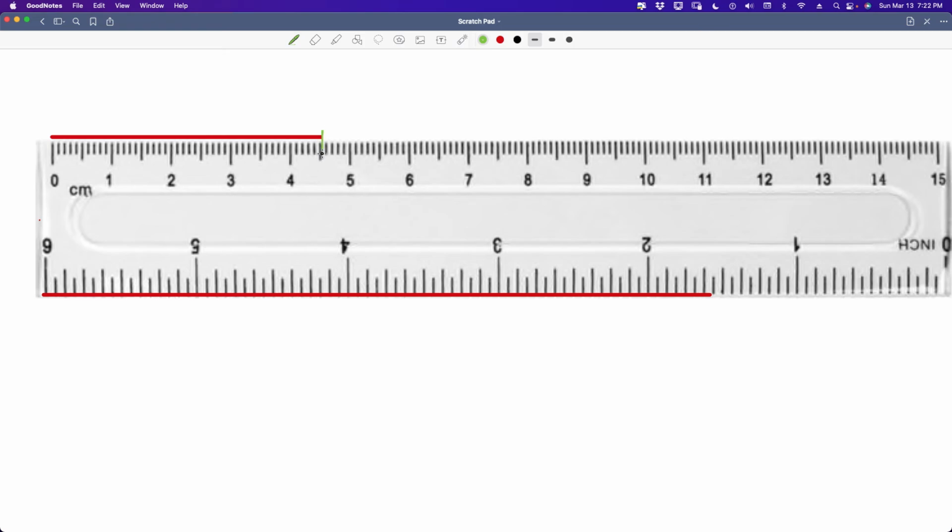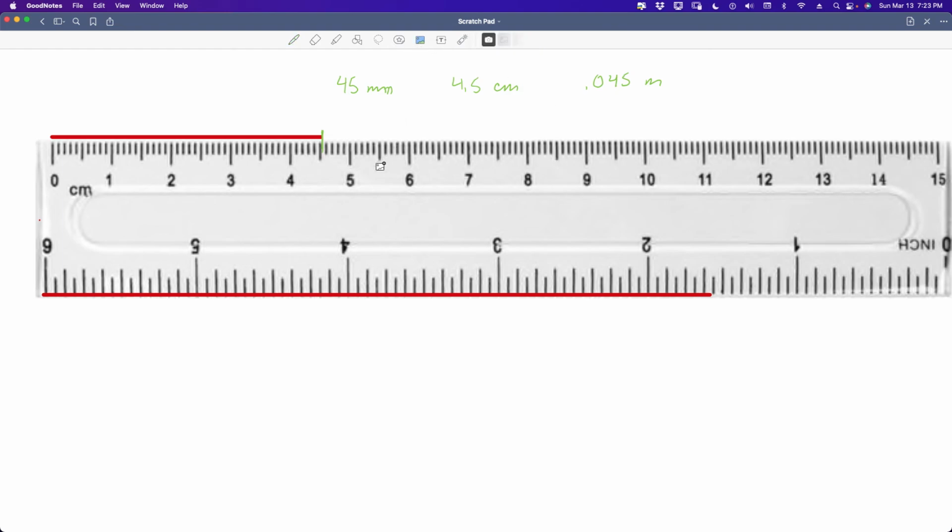And it lines up with halfway between the 4 and the 5 centimeters. So that's going to be 45 millimeters or 4.5 centimeters or 0.045 of a meter. Very cool.